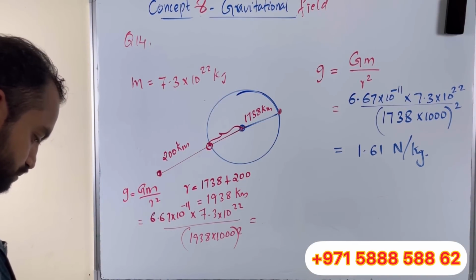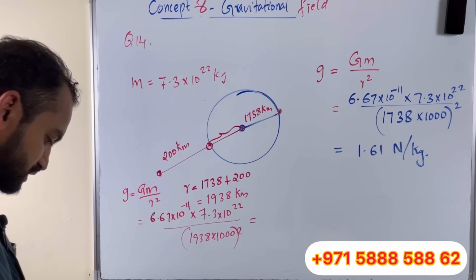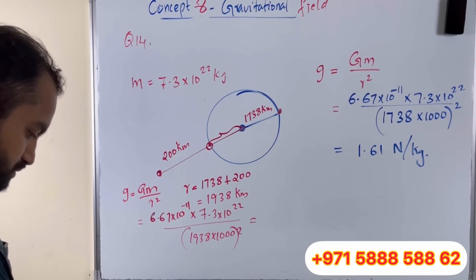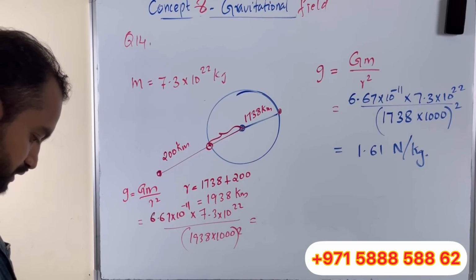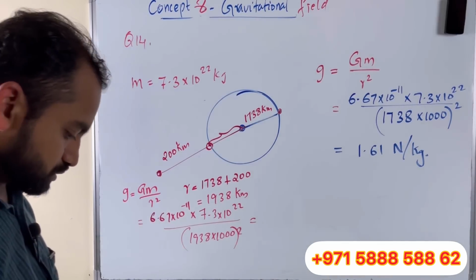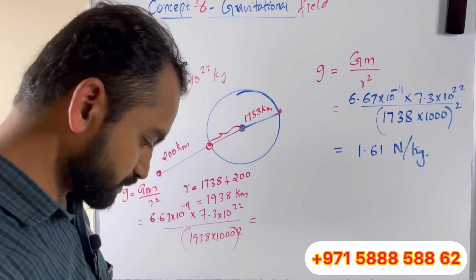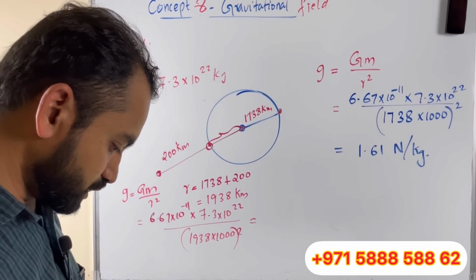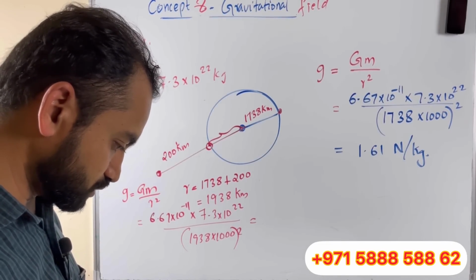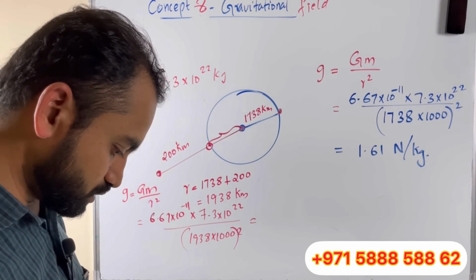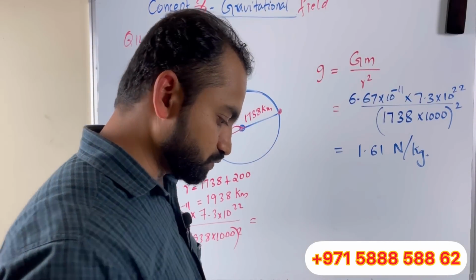So here it is 6.67 times 10 to the power negative 11 times 7.3 times 10 to the power 22 divided by 1938 multiplied by 1000, squared, equals, now I am getting 1.3.